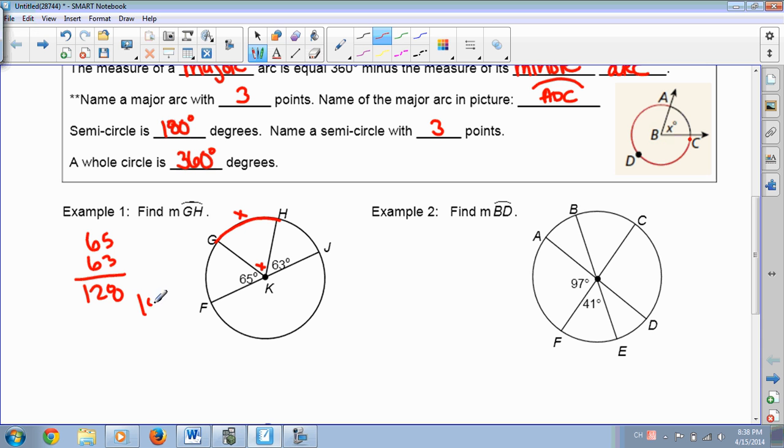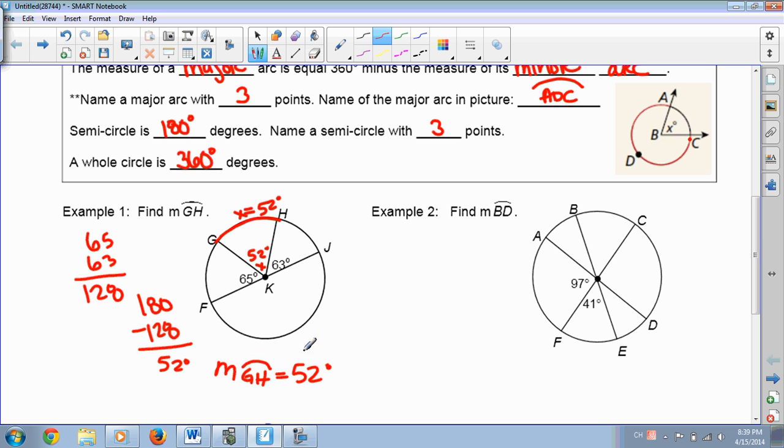And then if we subtract from 180, so you take 180 minus 128, it'll leave you with what x has to be. And so 180 minus 128 is 52 degrees. So if this is 52 degrees, then its arc is also 52 degrees. So the measure of arc GH is 52 degrees.